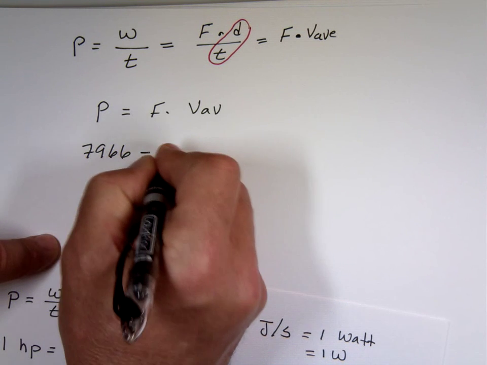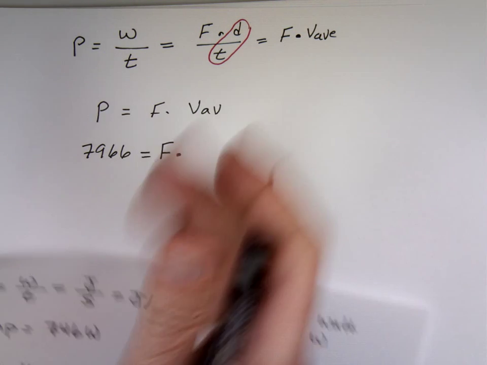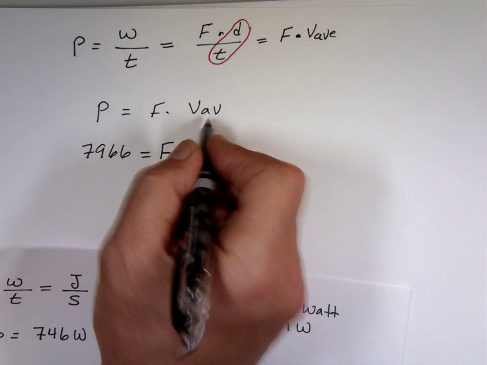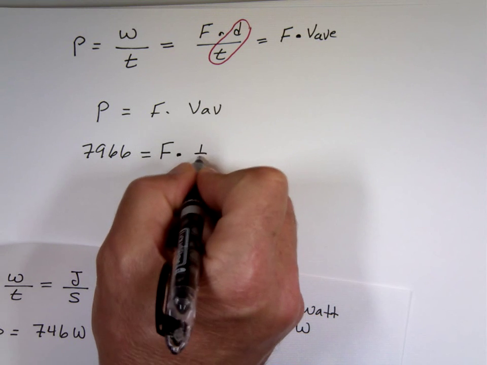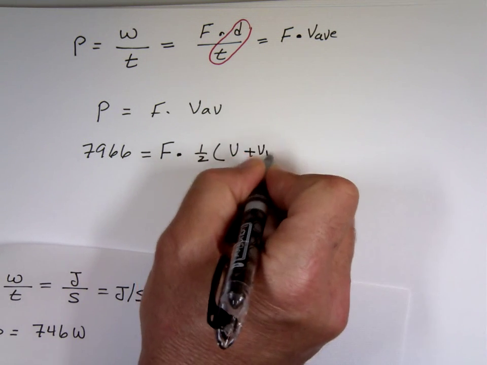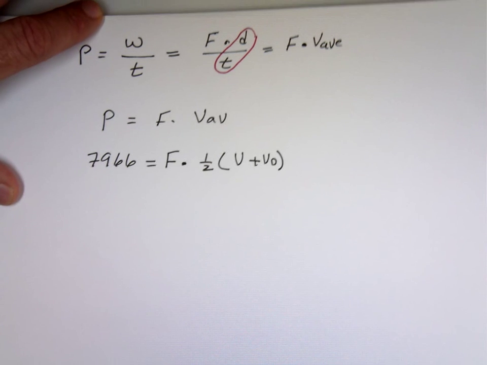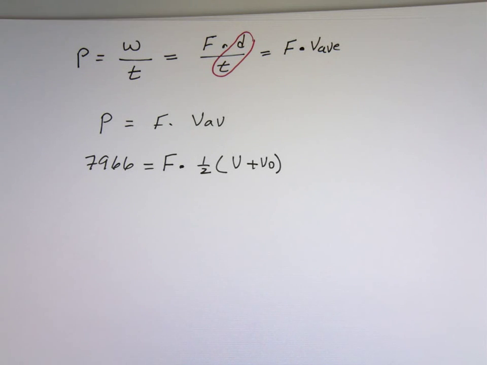I'm looking for the average force that was applied the whole time. Well, what is the average velocity? Isn't that 1/2 (V final plus V initial)? Isn't that what average velocity is?